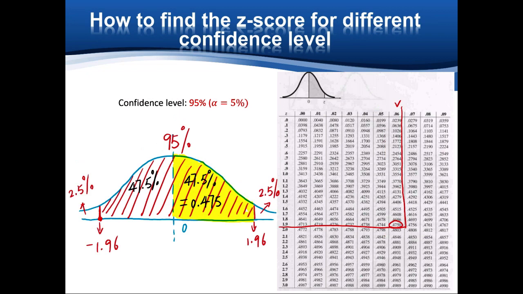For confidence level 95%, where alpha is 5%, the area in yellow, which is the table value, is 47.5%, and the corresponding z-score will be 1.96.